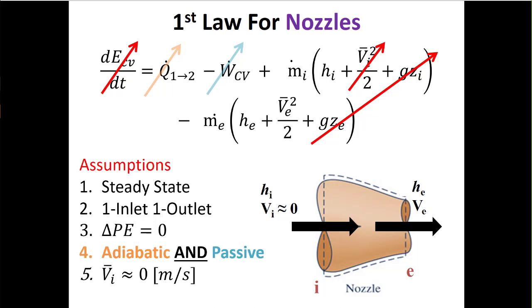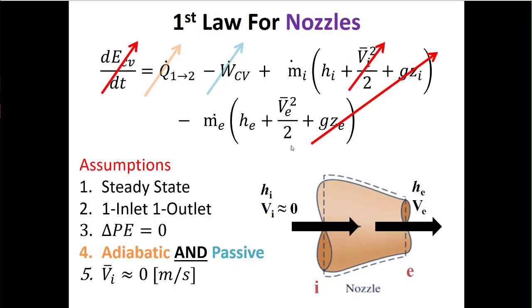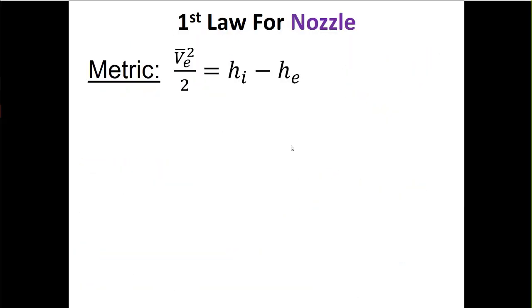So if I do all of this, I'm going to see that the enthalpy at the inlet is equal to the enthalpy at the outlet plus the kinetic energy at the outlet. And that's what this equation tells me, except I've rearranged it to solve for the velocity at the exit, because probably that's what you're going to need to find.